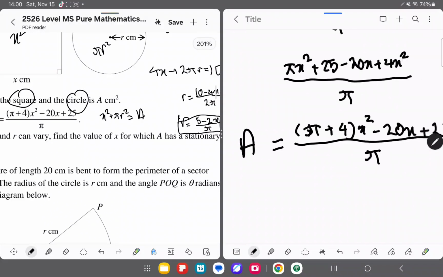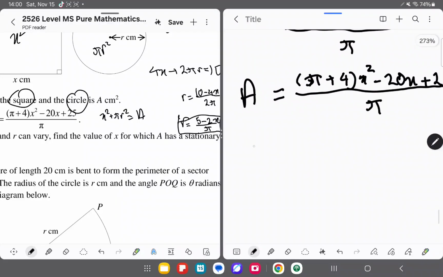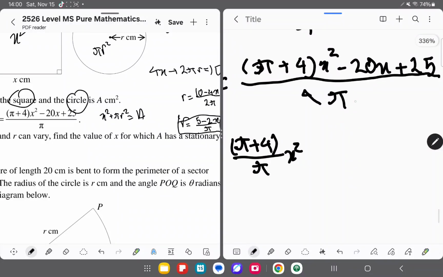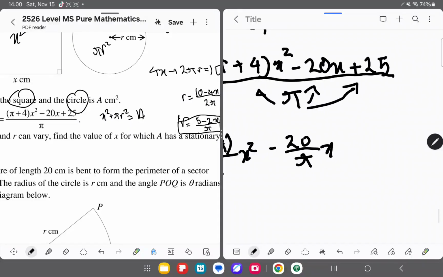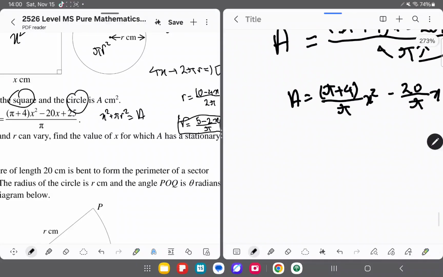In order to do this, we must simplify first so it's easier for us to differentiate. So just A is equal to (pi plus 4) over pi x squared, I'm distributing the pi, minus 20 over pi x plus 25 over pi. Now I can differentiate here.